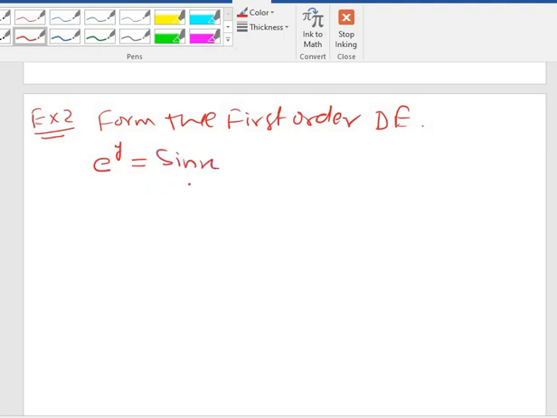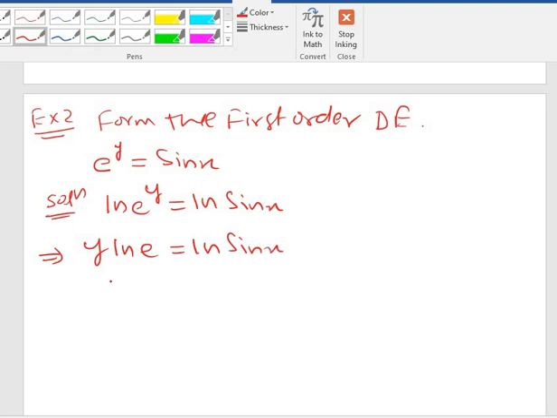So what you have to do? To form the first order differential equation, you need to differentiate it one time. For writing the solution of that one, just take ln on both sides. ln e power y equals ln of sine x. So ln e power y means y ln of e equals ln of sine x. Now differentiate it.